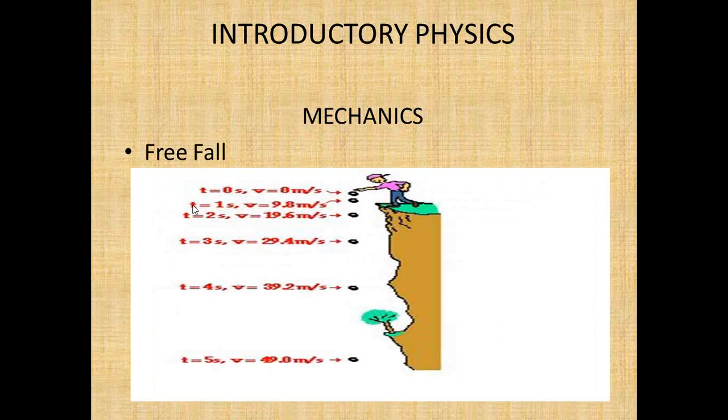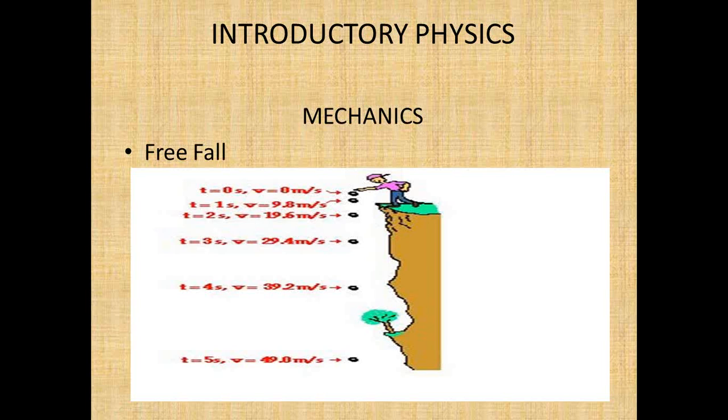But at time 1 second, the velocity is going to be 9.8 meters per second. At time 2 seconds, the velocity is going to double, because remember what we said, every second the velocity is going to increase by 9.8 meters per second.